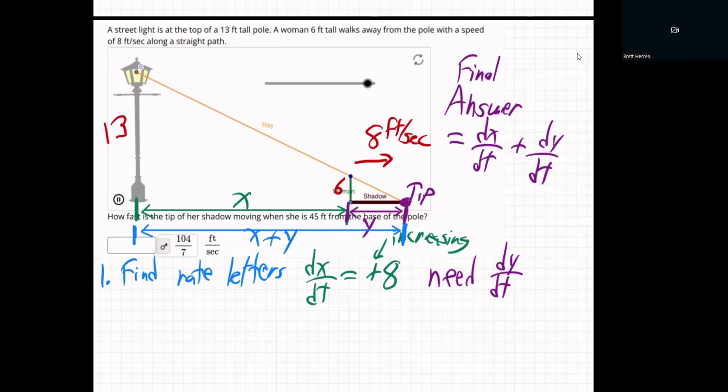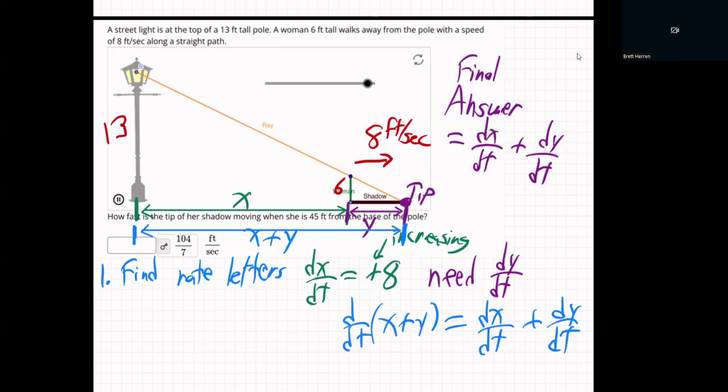X plus Y. That's how far to the tip of her shadow. So that's what they want to know the rate of change of. They want d/dt of X plus Y, which is dx dt plus dy dt, isn't it?